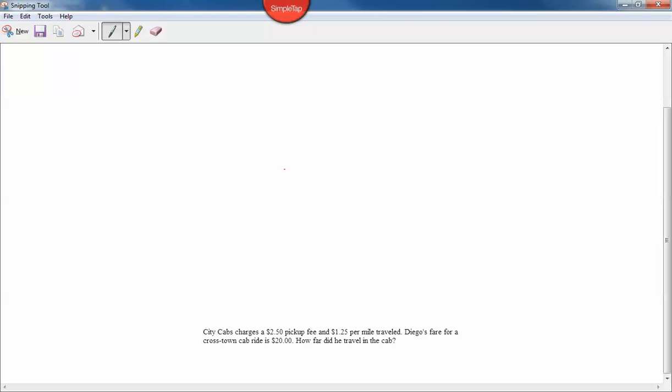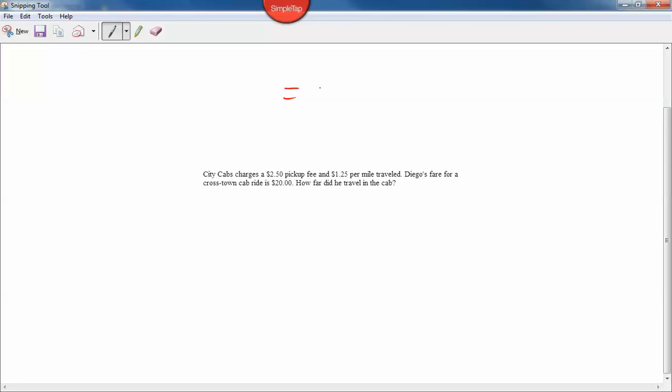Alright, so this one's pretty straightforward. We know that he paid $20. So whatever equation we come up with has to be equal to $20. So the cab charges $2.50 to pick him up, and then $1.25 per mile.